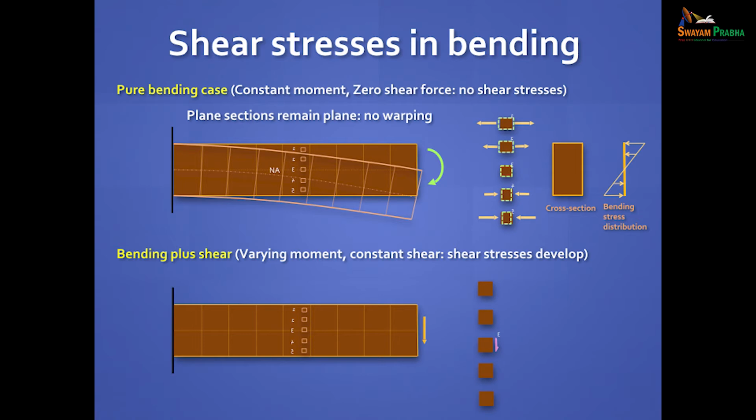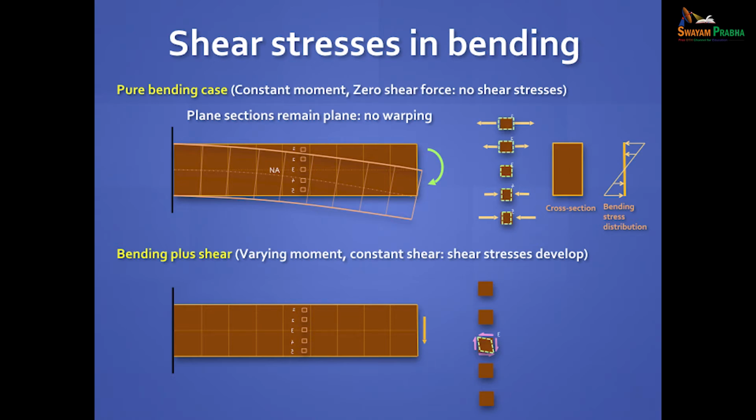So if you have only these two arrows, then you won't satisfy rotational equilibrium of these elements, so you have complementary shear stress. You will get some. So what will happen to this? You can imagine that this diagonal is going to be made longer, and this diagonal is going to contract.